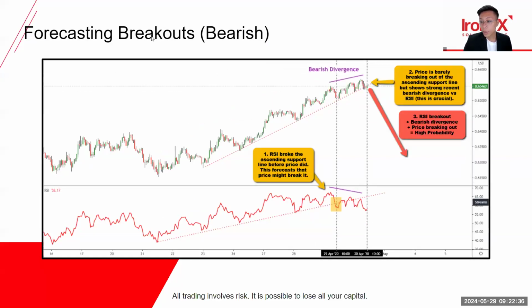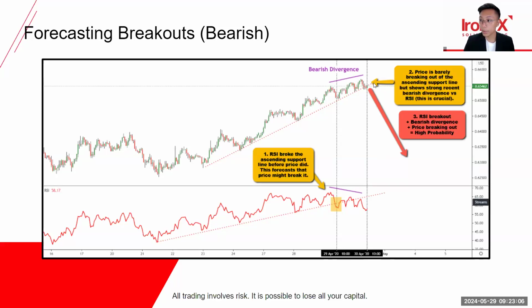So, forecasting of breakouts. If we are looking at an uptrend, and then we see that there is bearish divergence, this is for bearish breakouts. Firstly, we can see that the RSI actually broke the ascending support line before the actual price did. So this forecasts that price might break this ascending support.